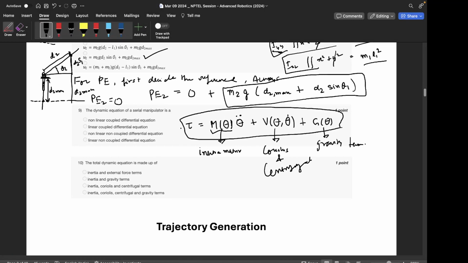And of course, since derivatives are involved, this is definitely a differential equation, so that checks out in all of the options.